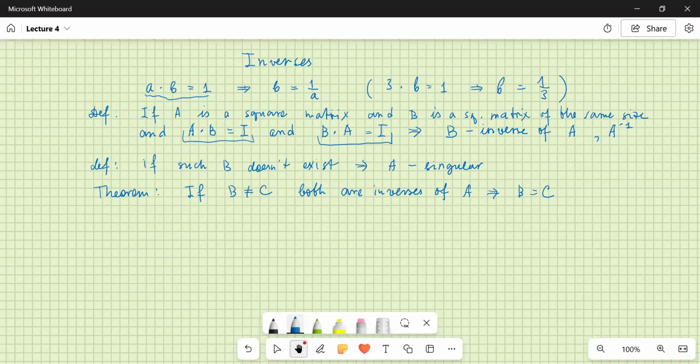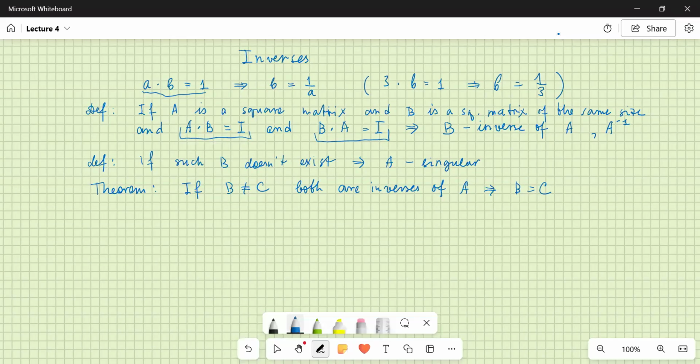Let's prove this theorem. So let's imagine that we have matrix B and matrix C, and they are not equal to each other. They are both inverses of A. Let's prove that they are equal to each other. I'm going to have matrix B multiplied by matrix A. Because B is the inverse of matrix A, it's equal to I, right?